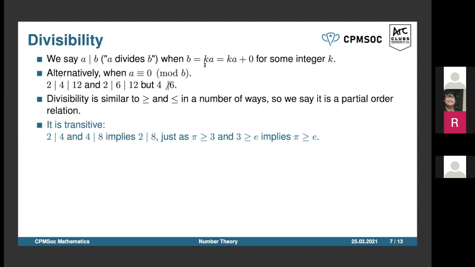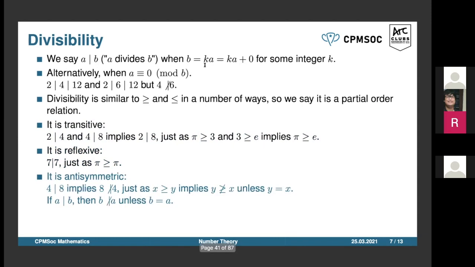So 2 divides 8. We also say that it's reflexive, just like modular equivalence. So everything divides itself. That one's pretty simple. And it's also anti-symmetric, which is something that modular equivalence and equality doesn't satisfy.